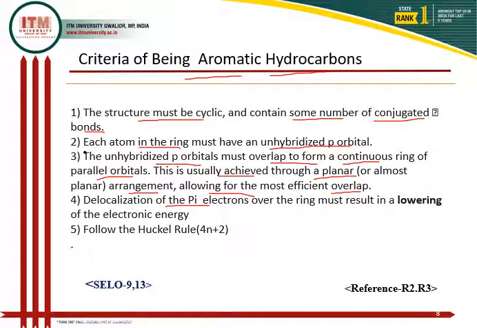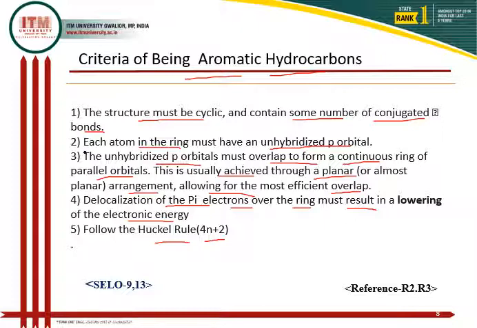Delocalization of the pi electrons over the ring must result in lowering the electronic energy. And the last criteria is to follow the Huckel rule, that is the 4n plus 2 rule.